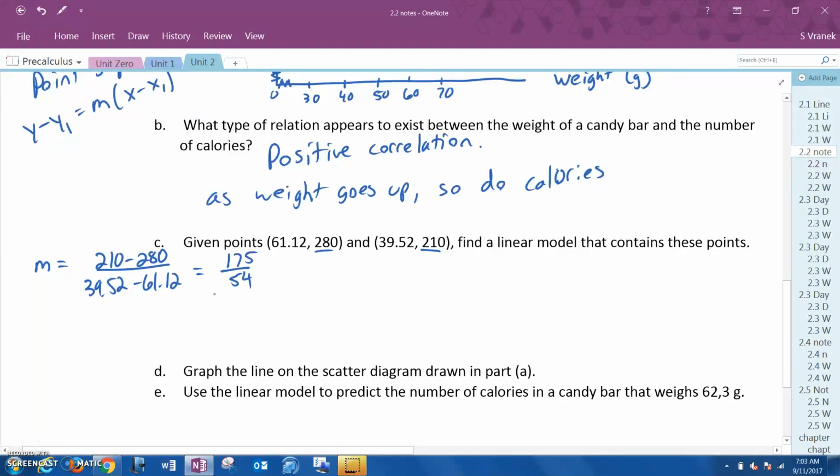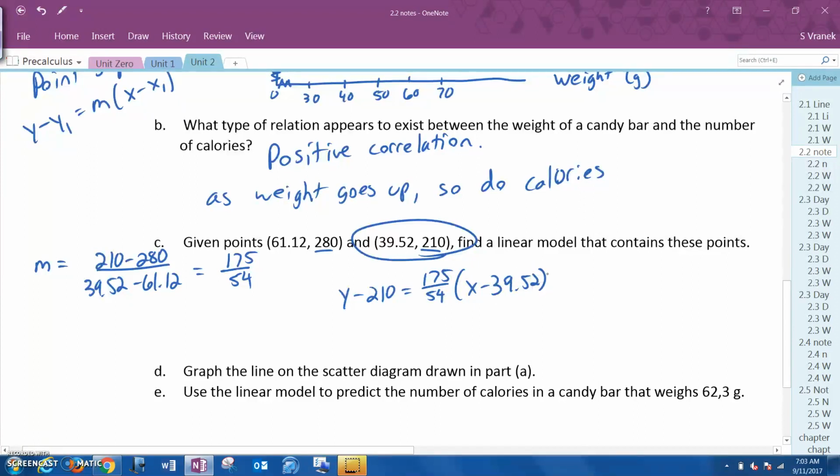Now we need to use a point. I chose this point here because it's smaller numbers. So now I'm going to put this into the formula I gave you up above. Y minus the y coordinate, y1, is equal to the slope times x minus the x coordinate.